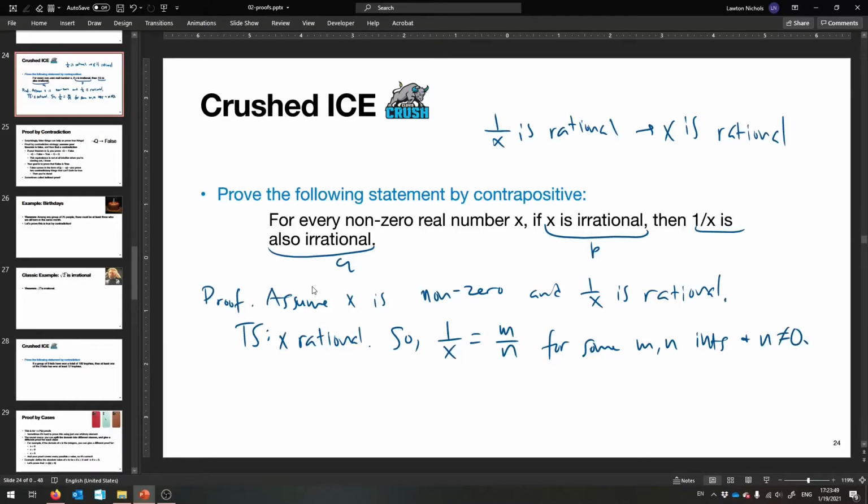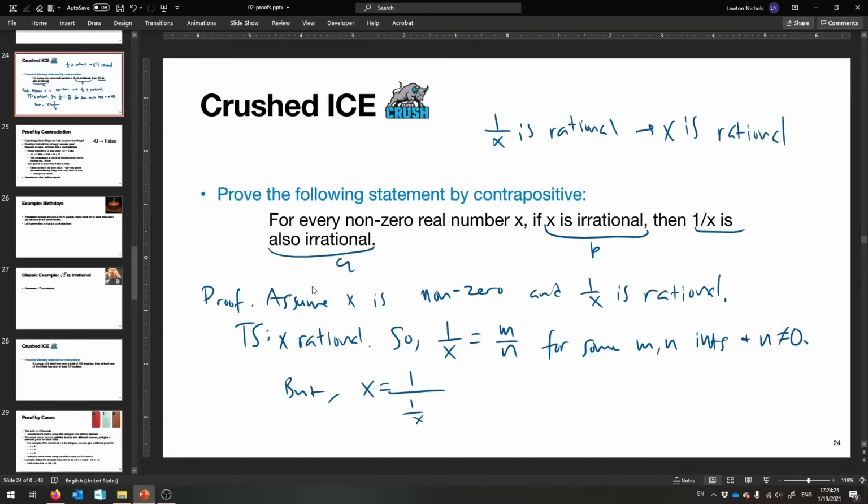We may need that. Okay, so we just need to now show that x itself is rational. So we need to find some things such that something over something else gives us x, and then we will have shown that x itself is rational. All right? But if I take reciprocals, suddenly I have x. So x equals n over m. Okay, that's the idea.